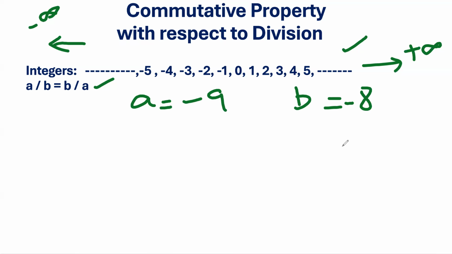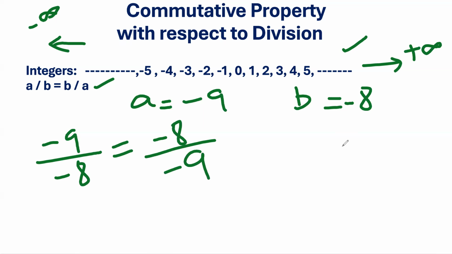A divided by B, it means -9 divided by -8. Is it equal to B divided by A, -8 divided by -9? Minus and minus is cancelled from both the sides, so it becomes 9 divided by 8. The answer will be in decimals. And 8 divided by 9 also you have to calculate.